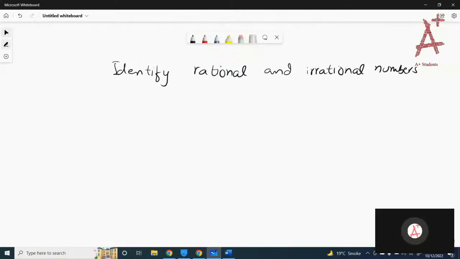So what are the rational numbers? Rational numbers are the numbers that can be written in the form a by b. Let me write it down.